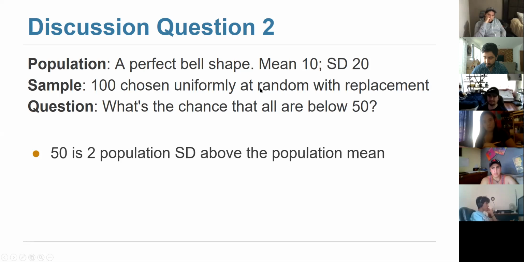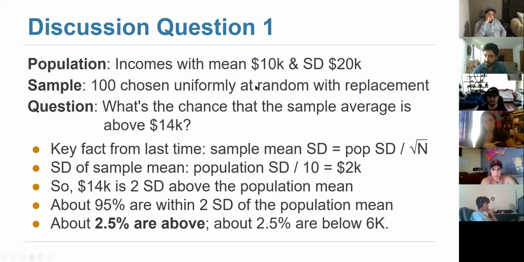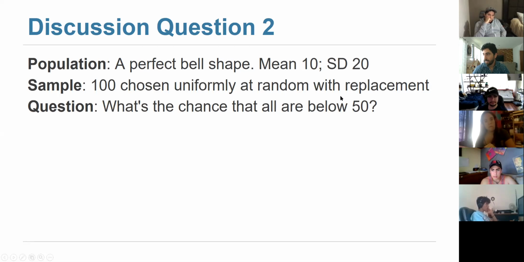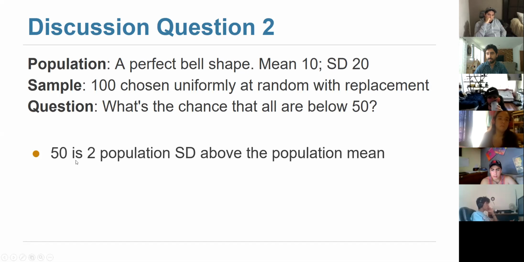The difference from the first one is that there we took 100 as a sample. Here, we already have a perfect normal distribution. So if you consider this with that rule, 50 is 2 population standard deviations above the population mean.